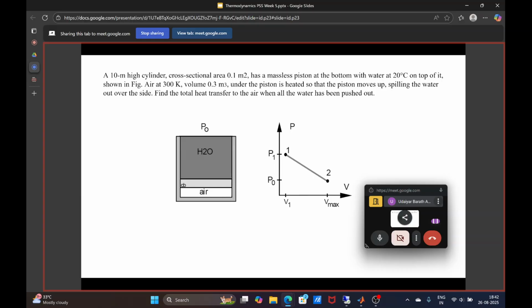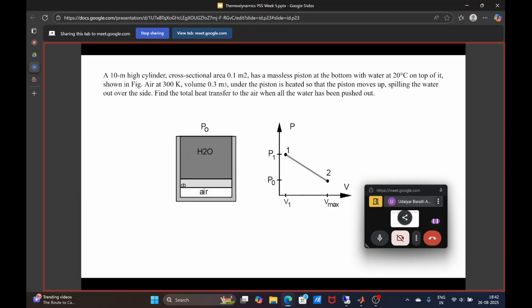Air at 300 Kelvin and a volume of 0.3 meter cube under the piston is heated so that the piston moves up, spilling the water out over the side. Find the total heat transfer to the air when all the water has been pushed out.